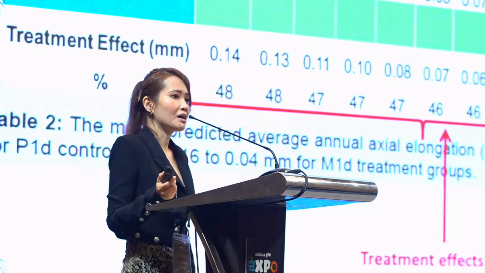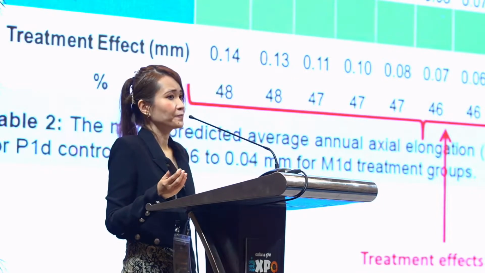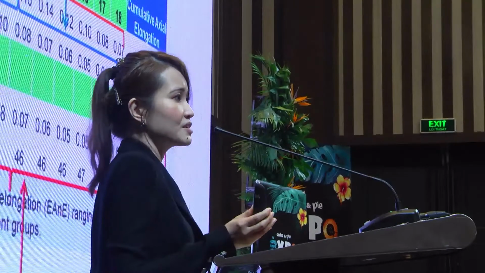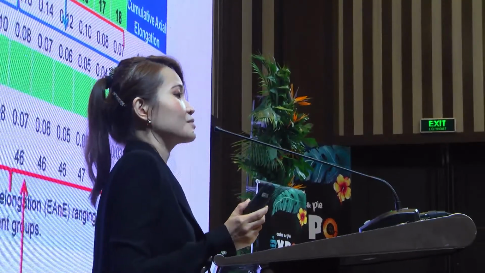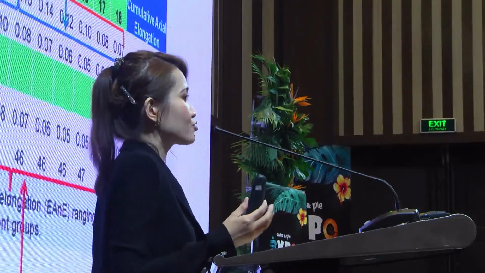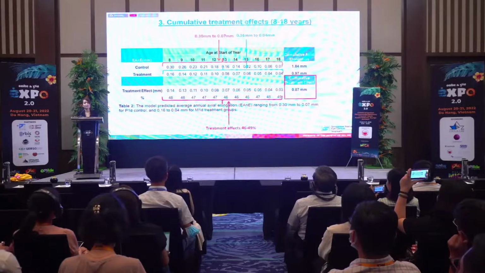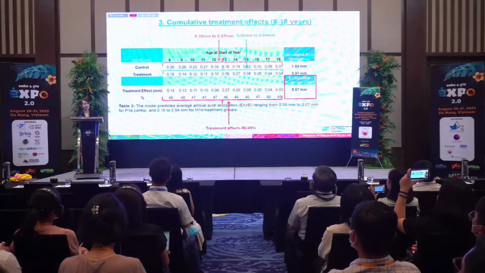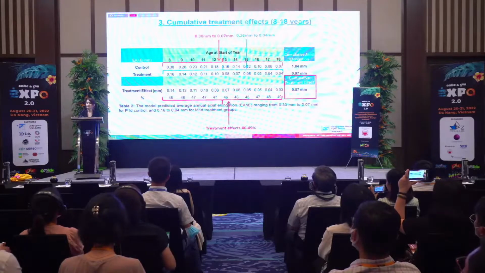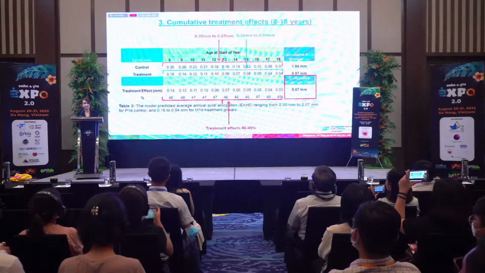And for the treatment arm, it ranges lower, 0.04 millimeters up to 0.16 millimeters. And the treatment effect is the difference between these two figures at every year. Measured in terms of percentage, the treatment effect ranges from 46 to 49% in children from 8 to 18 years old, with a cumulative treatment effect of 0.87 mm.